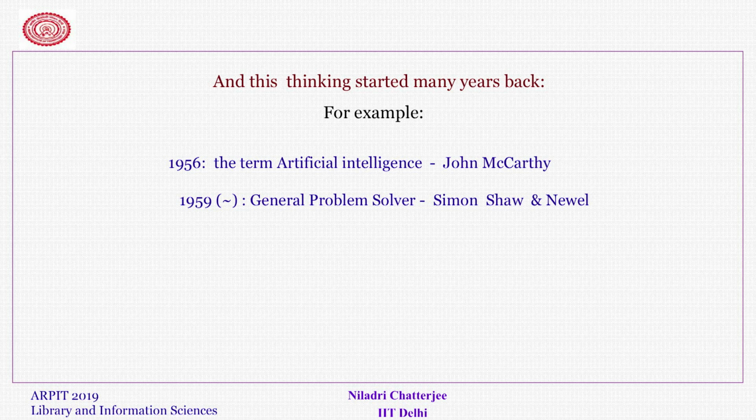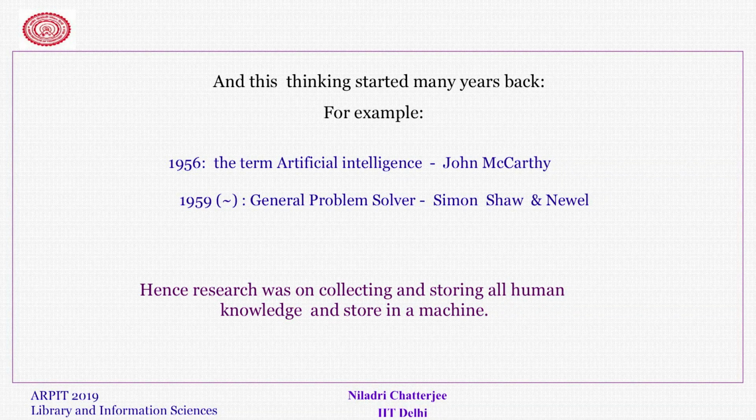For example, the term artificial intelligence was coined by John McCarthy in the year 1956. Around the year 1959, Simon, Shaw and Newell proposed the concept of the general problem solver. They thought that there can be machines which can behave like a human and solve all our problems. Therefore, the research was focused on collecting all human knowledge pertaining to different domains and storing that in a machine.